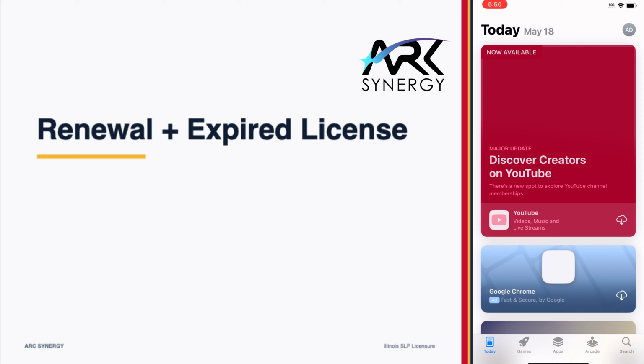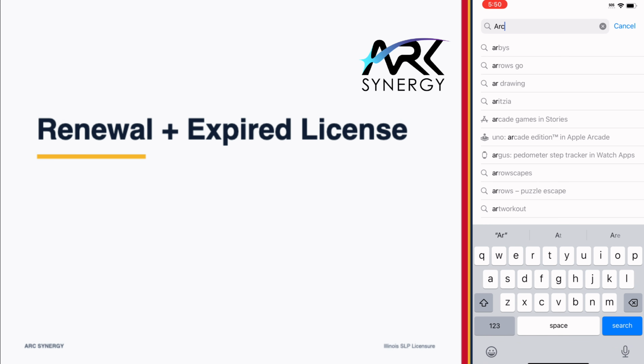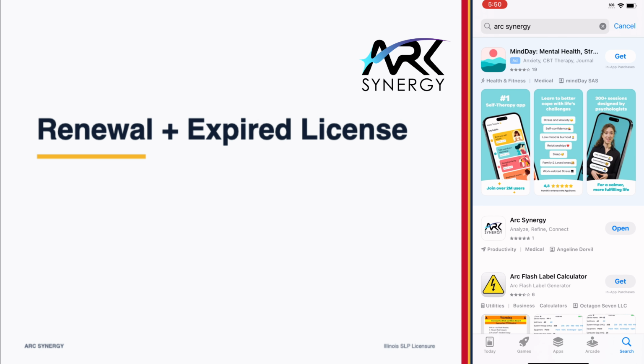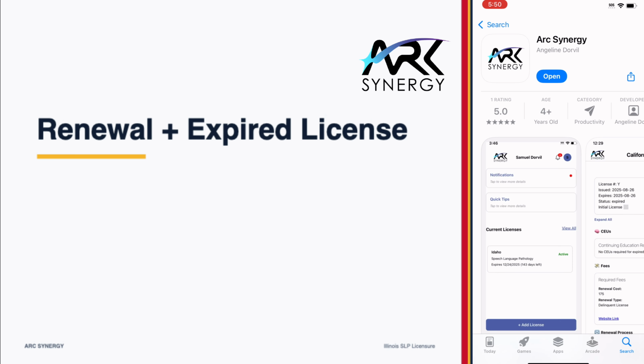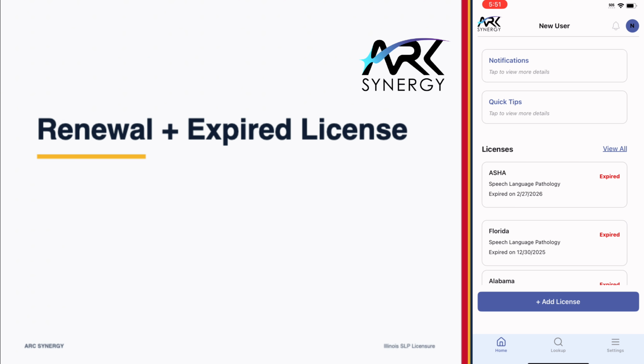Welcome back. This week we're going to finish up the licensure information on Illinois. And this week we're going to talk about how to renew your license in Illinois. Illinois renewal has a few specifics that are easy to miss if you are managing licenses from across multiple states.